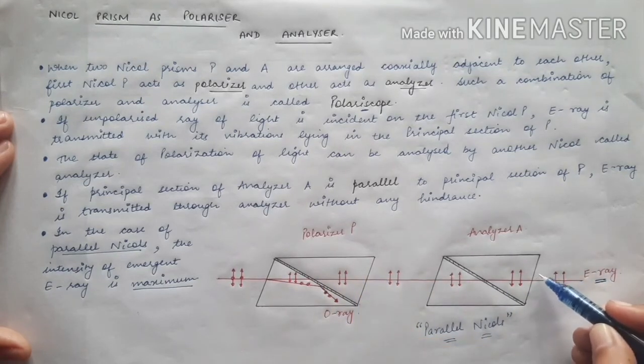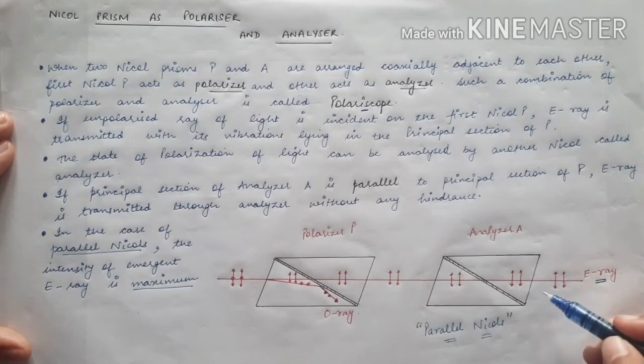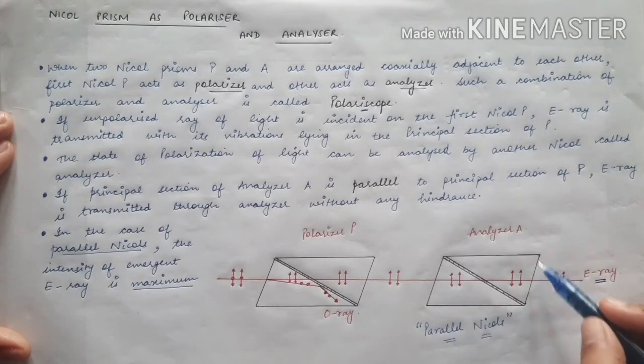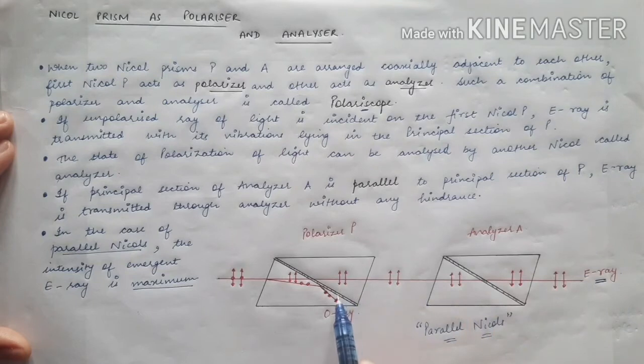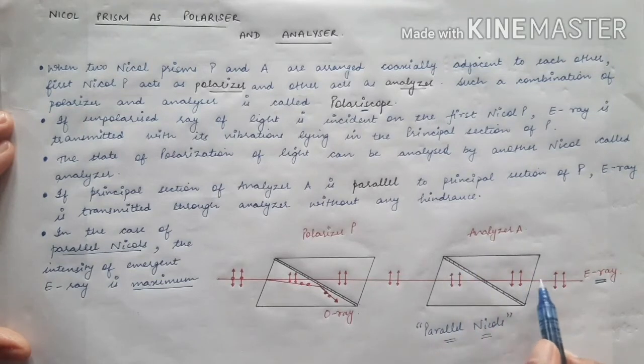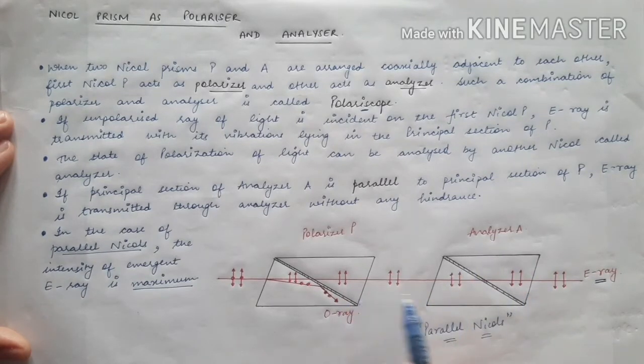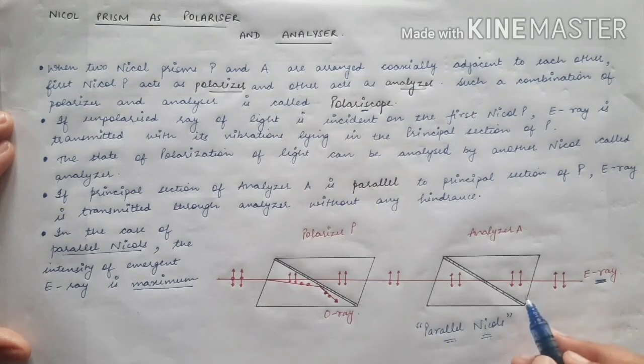When you start rotating the second prism, its principal section will also start rotating, so it will no more be parallel to the principal section of the first prism. Therefore the intensity of the emergent ray will start reducing, and it will reduce according to Malus law that we studied.